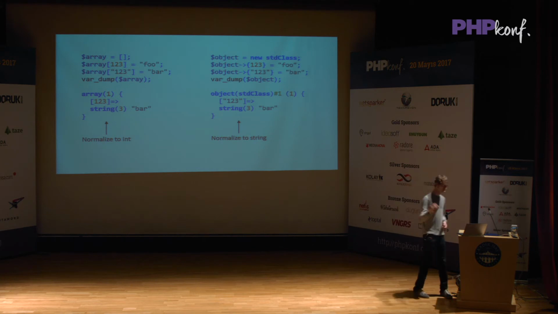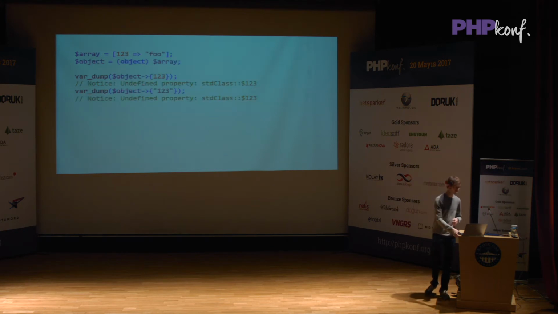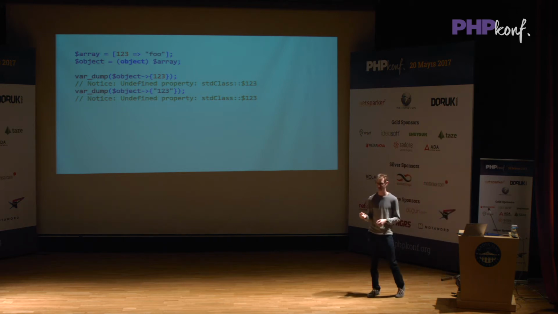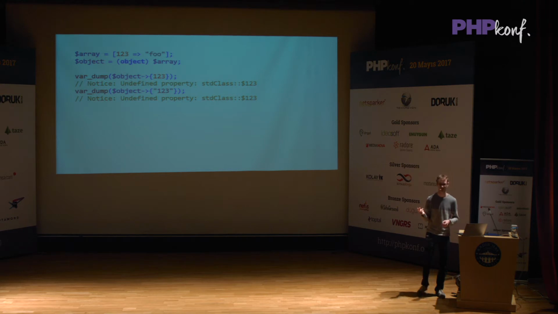Of course, this is nice in theory, but if you try to mix them, then you have an issue, because they both handle it differently. So if we, for example, create an array with an integer key, and we cast it to an object, then we get a property that you cannot access.